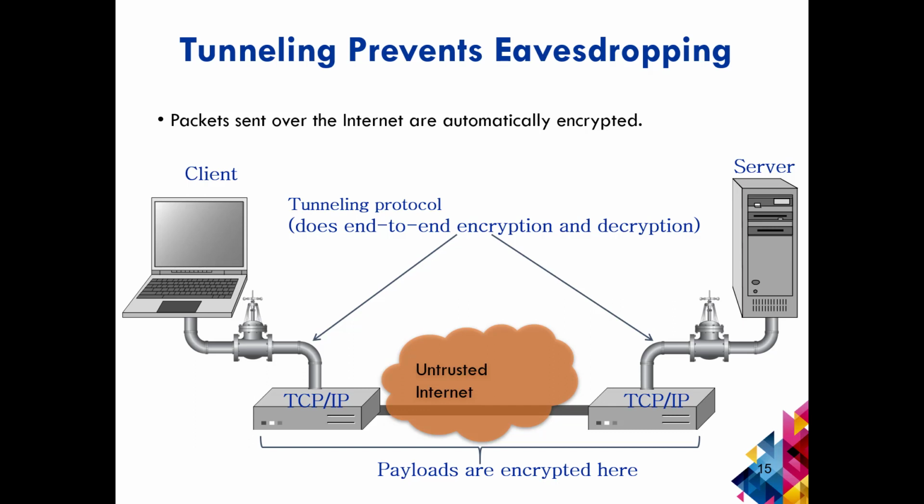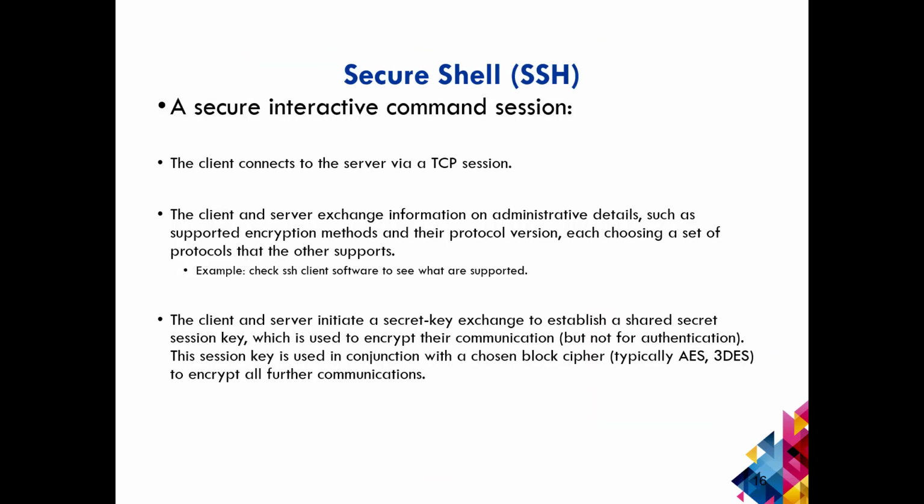Eavesdropping means someone tries to tap your network by eyeing or stealing the packets transferred between those two network destinations. Since the packets are encrypted and decrypted, only the policies and the application that manage the tunneling will know the process of encryption and decryption.